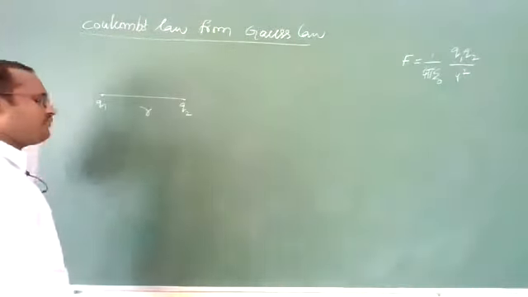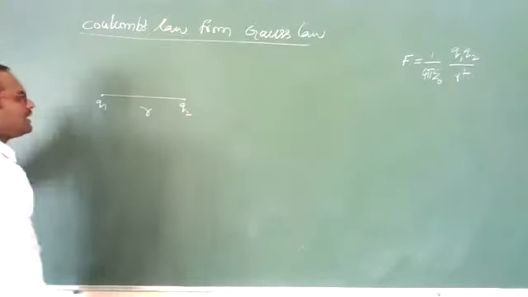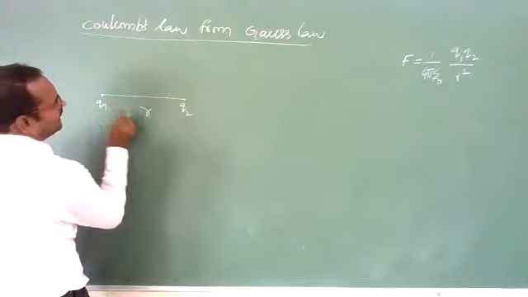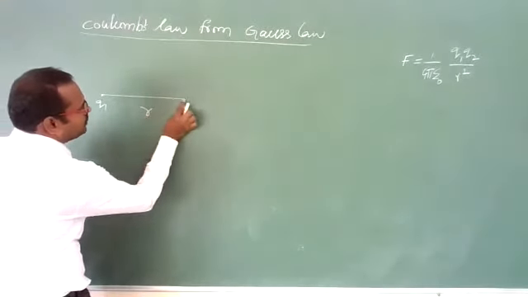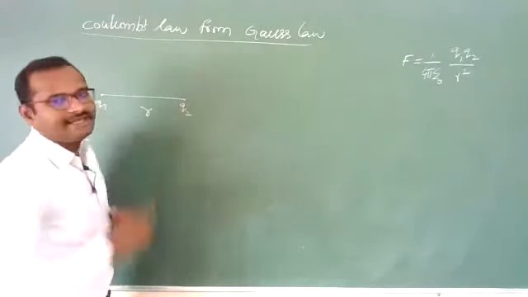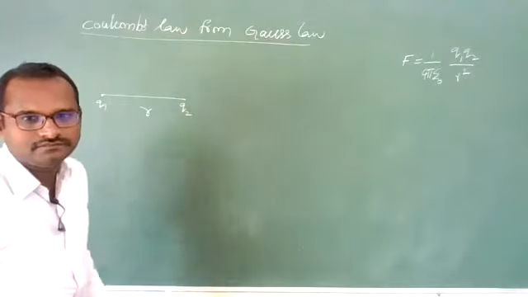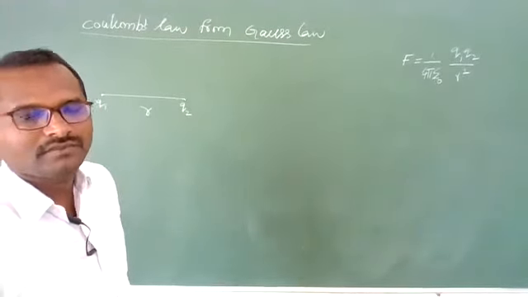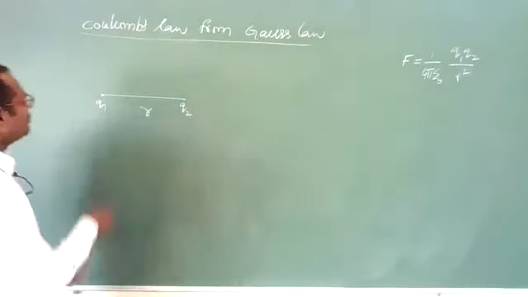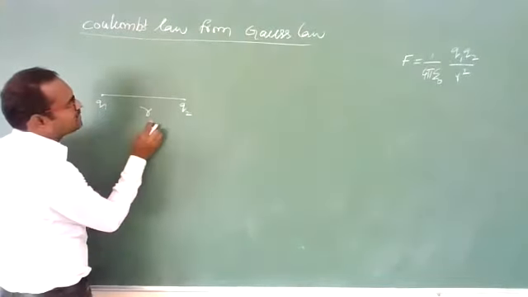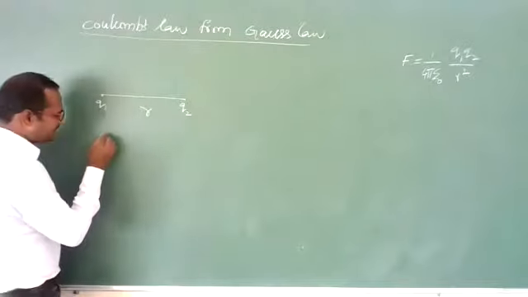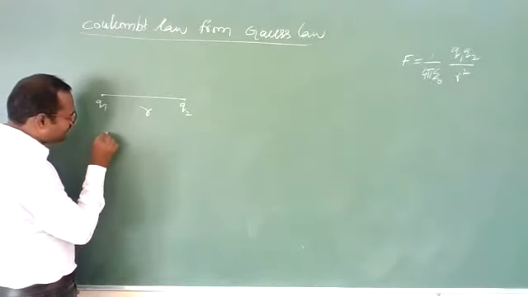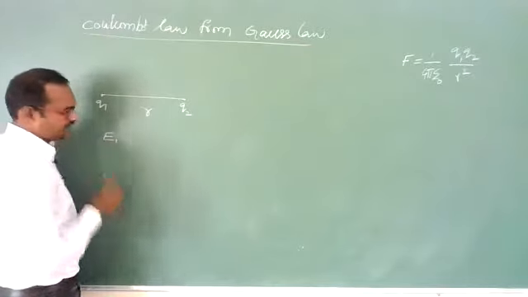First, what I am doing is, due to charge Q1 at a distance of r, that is at the point with charge Q2, what will be the electric field? Due to charge Q1 at a distance of r, let us imagine E, or E1, electric field is there.